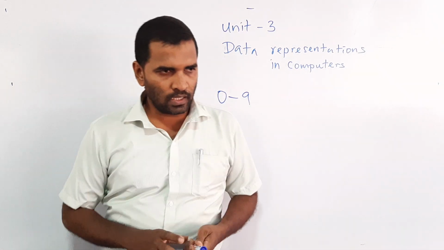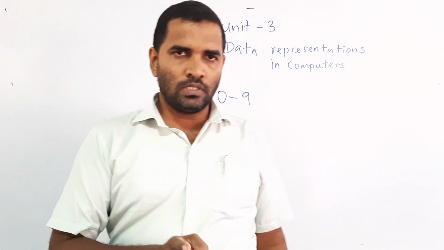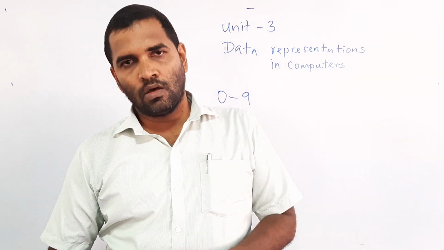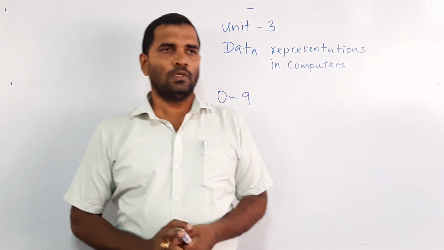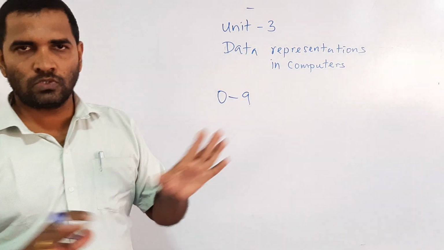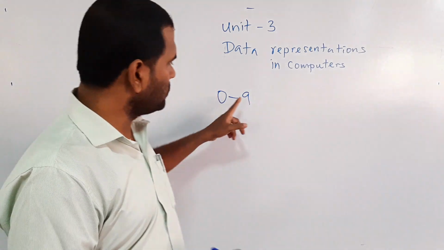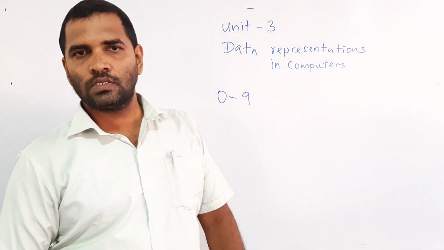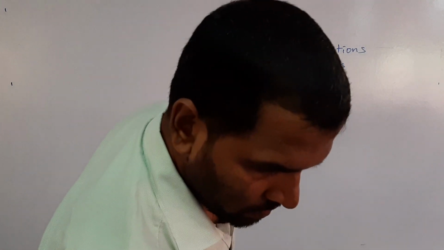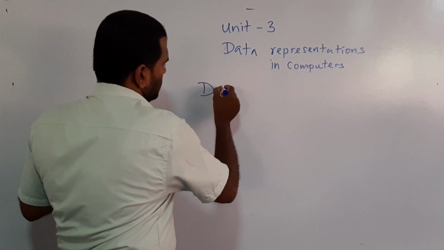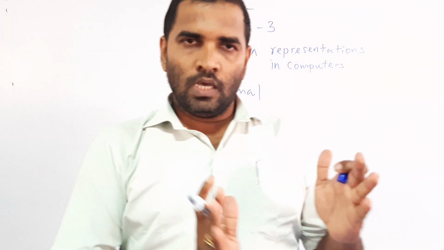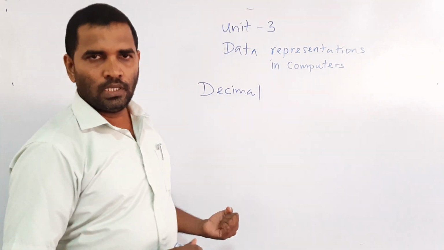So straight away I can introduce them. In this unit, we have to learn 4 different number systems. Better to name them first. The first one, which we always use, is 0 to 9. We use 10 various digits. This is called the decimal number system. Apart from the decimal number system, there are other number systems.